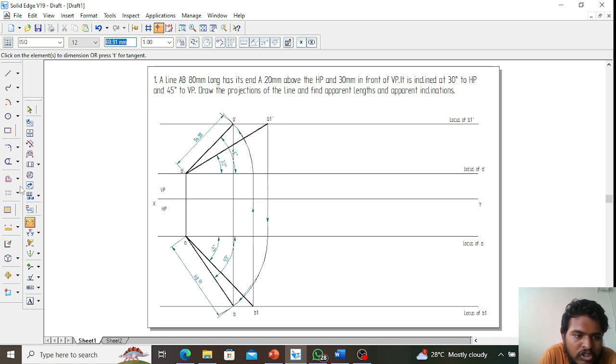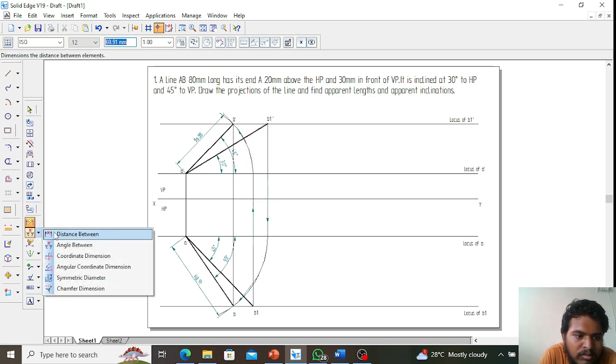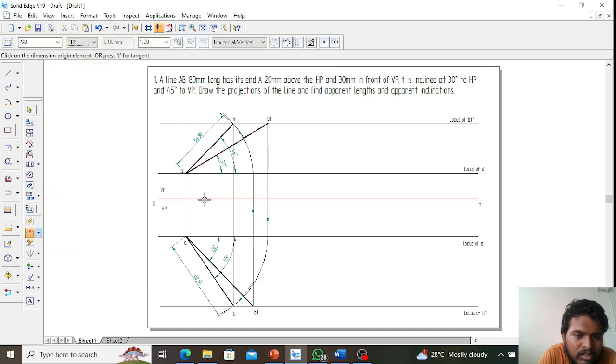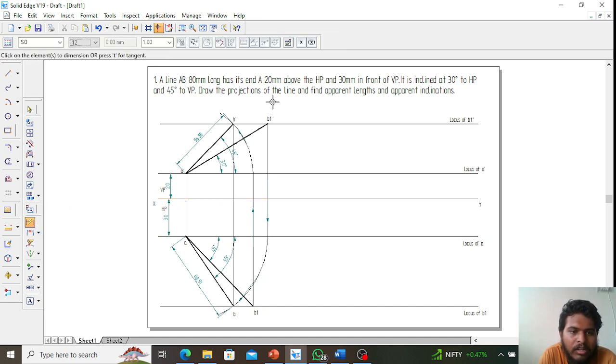Okay, similarly we will show the distance between these two lines. Okay, and also the length of this line.